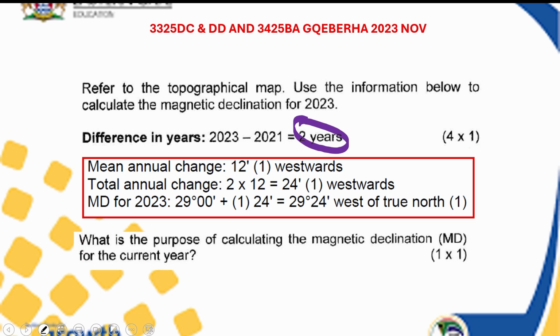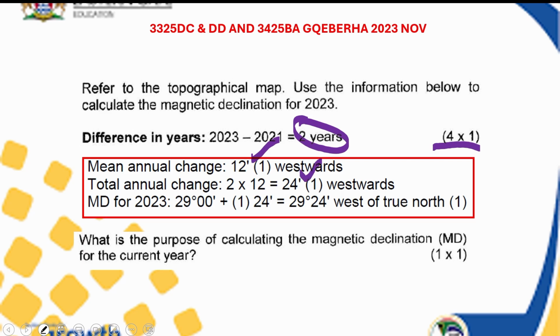And look at the marks, because it's only 4 marks. The learner was given a mark for the mean annual rate of change, which was 12 minutes westwards. Then you multiply that 12 by 2, which gives you 24 minutes, another mark.